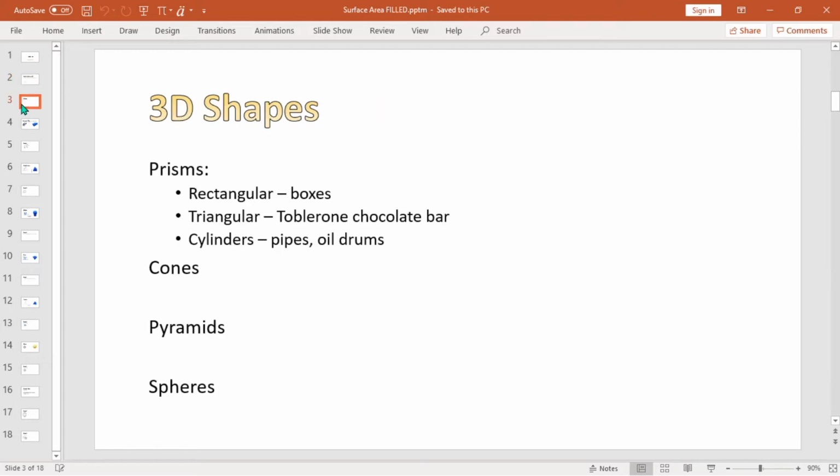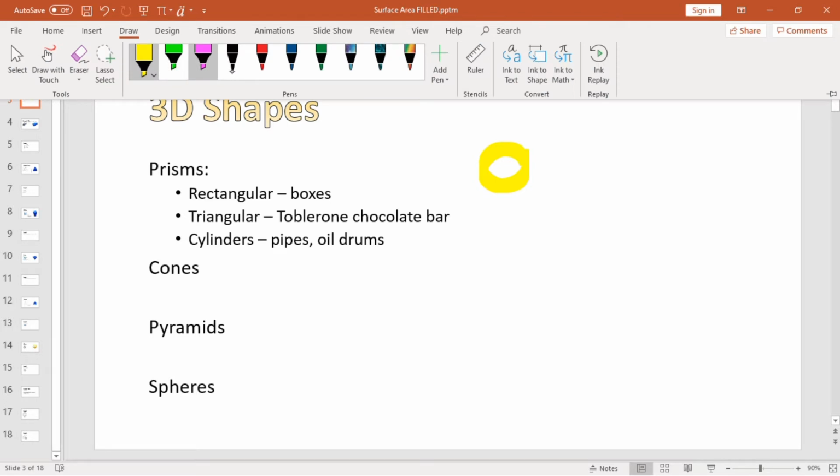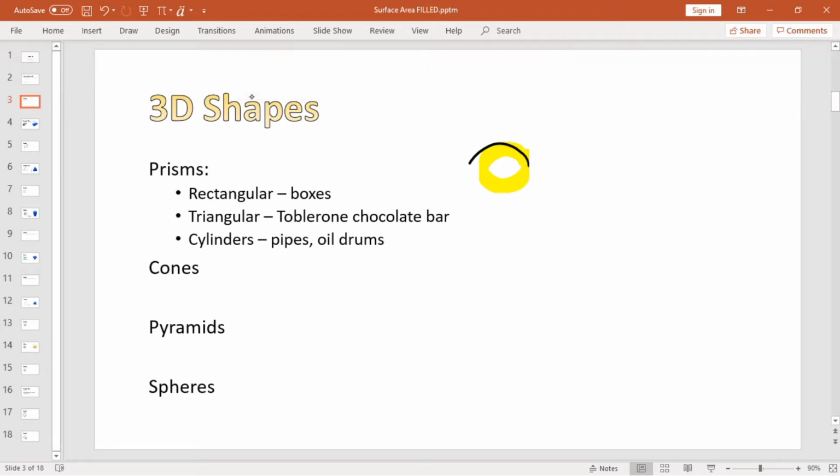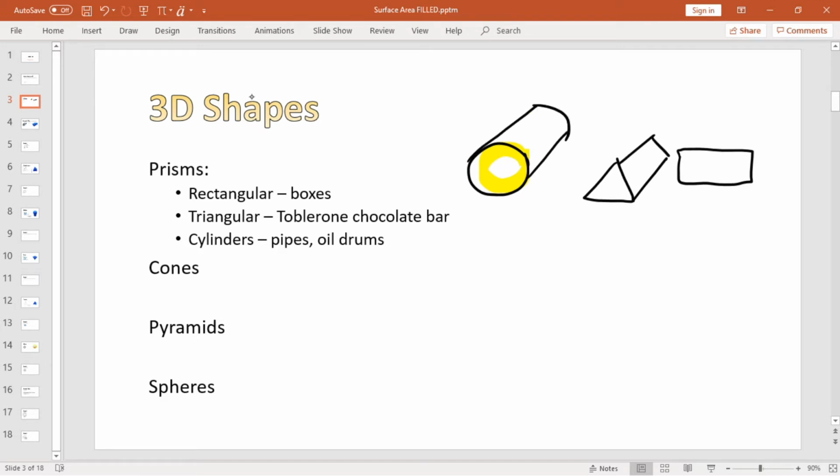So the types of shapes that we're going to be looking at are prisms, and prisms are when we just take our normal shapes, like our circle, triangle, rectangle, anything, stop sign, whatever, and we add that third dimension in. So suddenly we have depth, and that depth creates extra rectangles that we have to find the areas of.